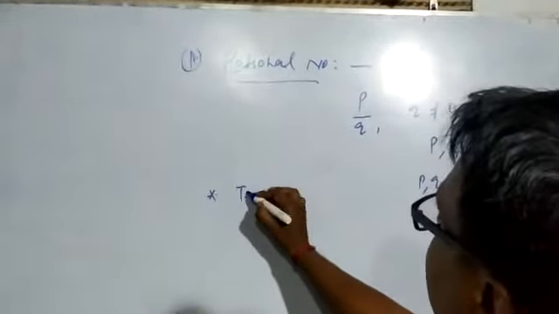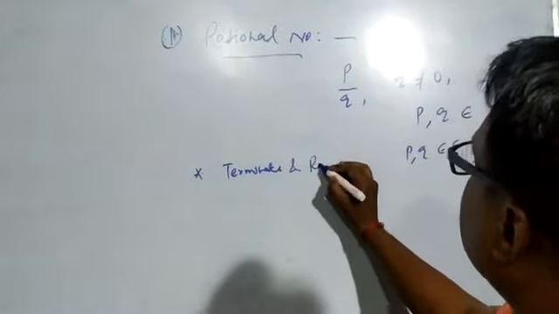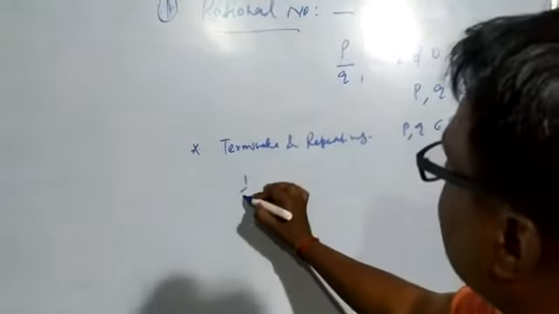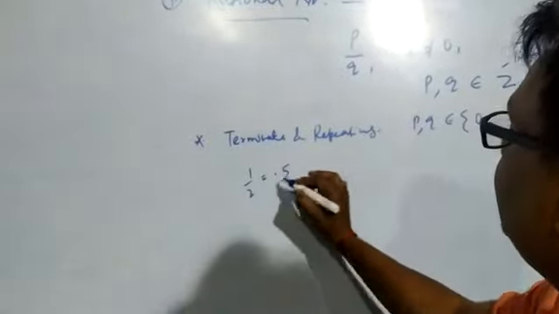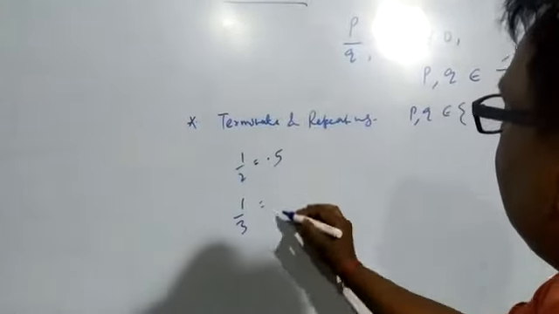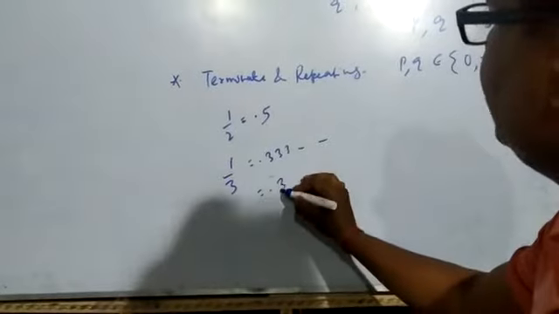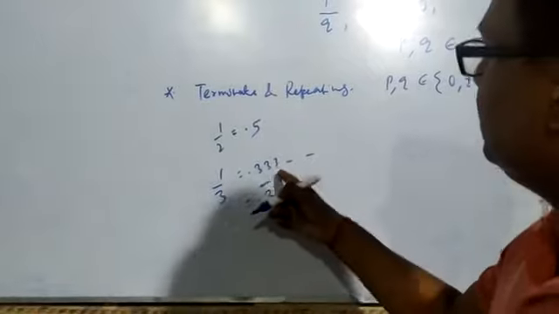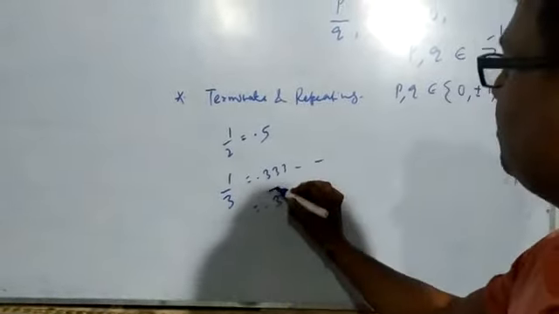One thing I would like to say about rational numbers, it's very important: a rational number is terminating or repeating. Like 1 by 2, if we divide it, it is 0.5, it is terminating. And if I write 1 by 3 and divide, it is 0.333, a 3 keeps coming, so we can write 3 with a bar.